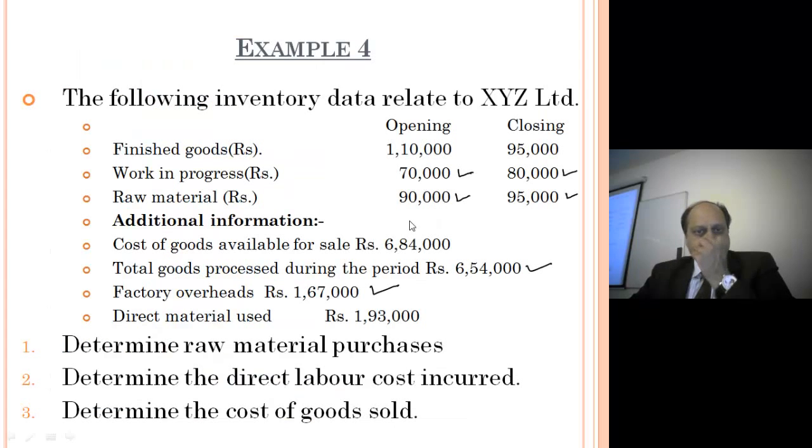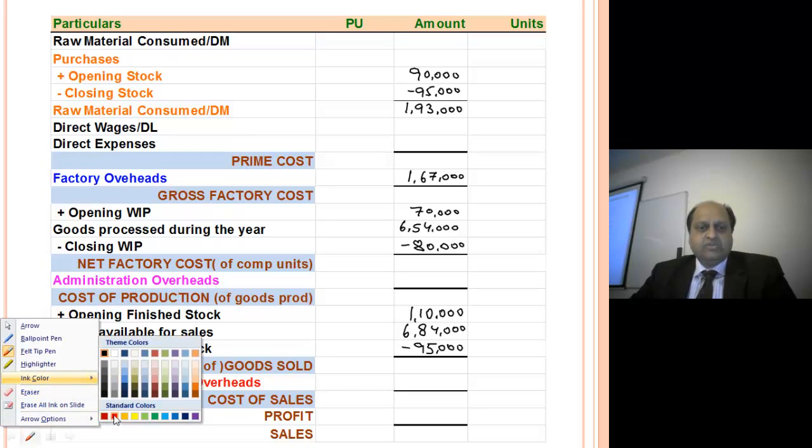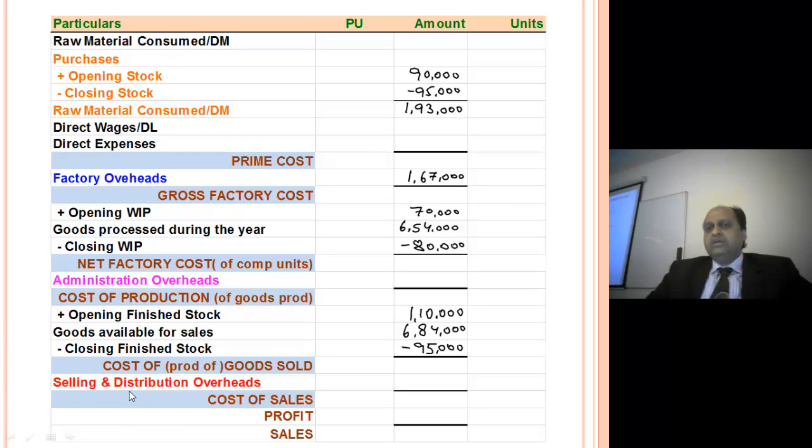Then we have direct material used. This is nothing but raw material consumed. So it is 1,93,000. Now what I will do is, I'll change the color so as to tell you that all the figures now being written are found by me, are determined by me. So this time I will move downward.